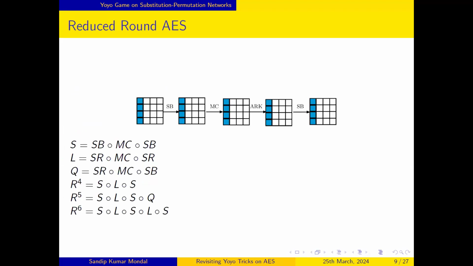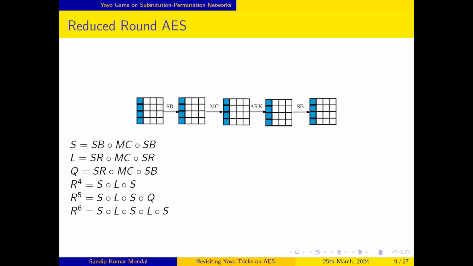So for reduced round AES, here we give some definitions. In one round, sub-byte, mix column and add round key. It takes the first column to the first column. So it is a super S-box, defined by sub-byte composed with mix column and sub-byte, and add round key is omitted because it has no effect on zero difference.